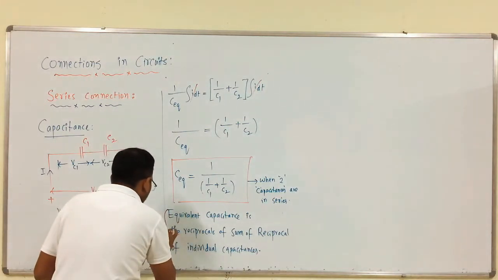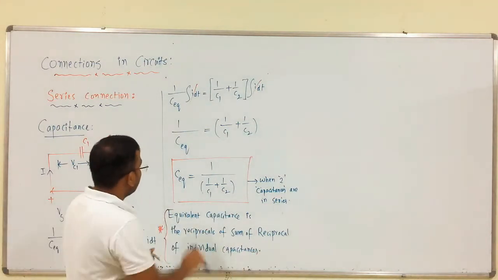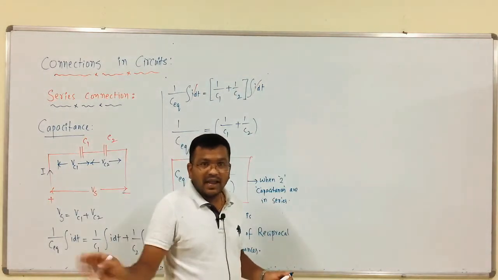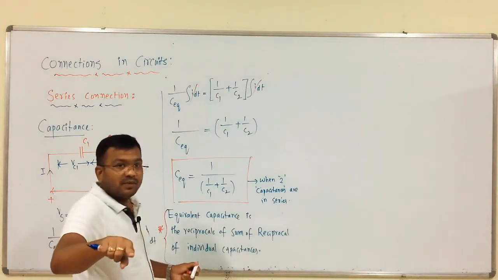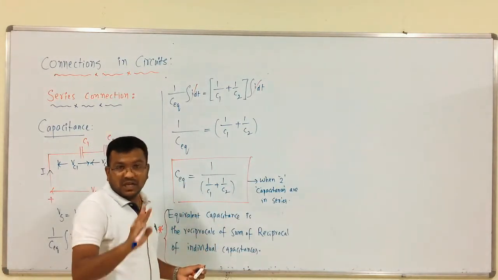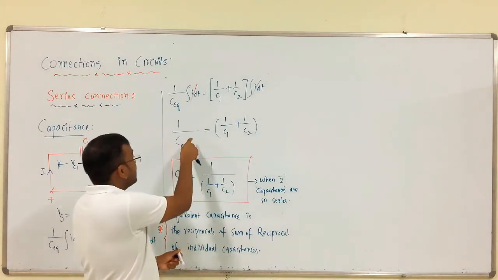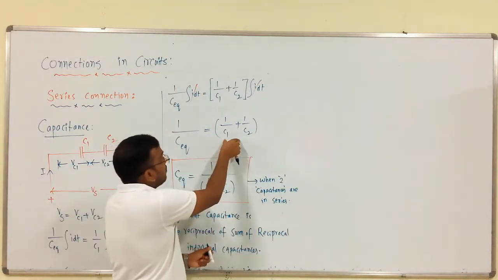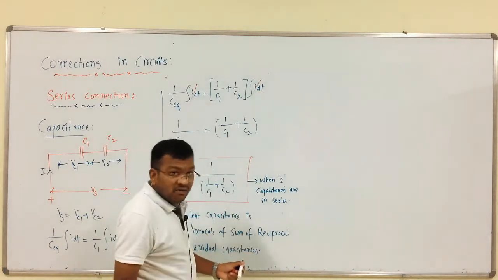So, most of the students write the statement, when two capacitors are connected in series, like this: the sum of reciprocals of individual capacitances. The statement is wrong. See, 1 by C equivalent is nothing but 1 by C1 plus 1 by C2, that is nothing but the sum of reciprocals of individual capacitances.